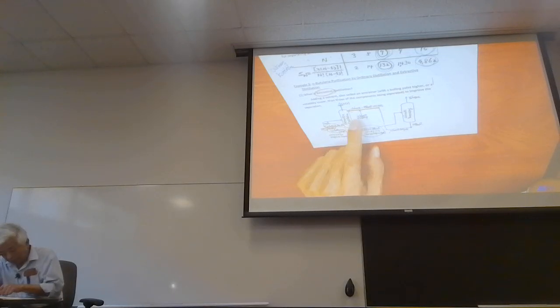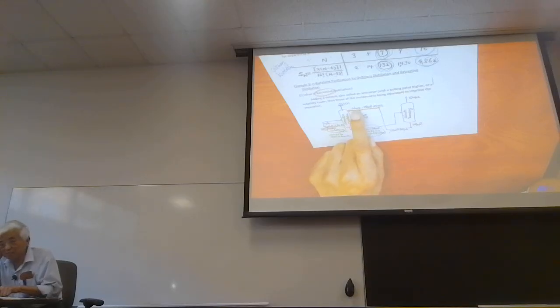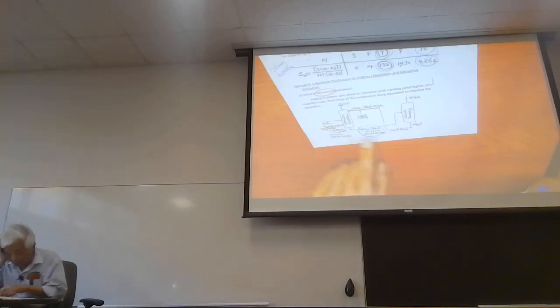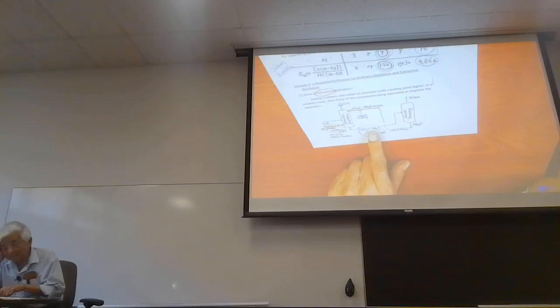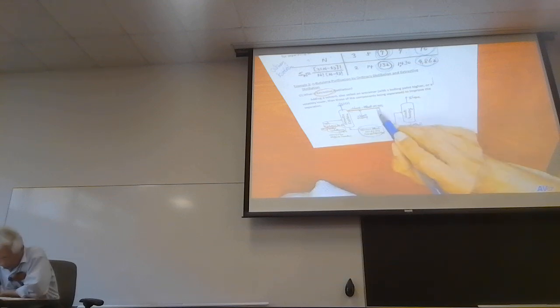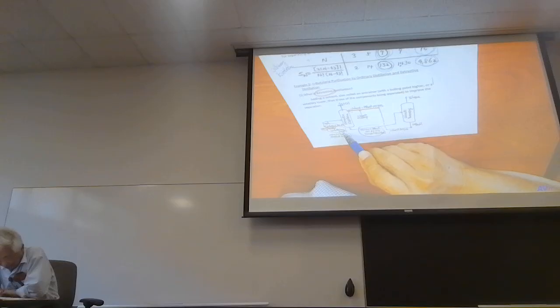Now, solvent is an external component you add to the system. How do you recover phenol in the bottom product? You have a solvent recovery column. And you notice 182, 100.9.